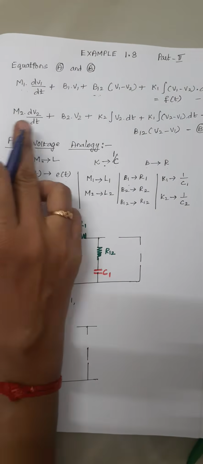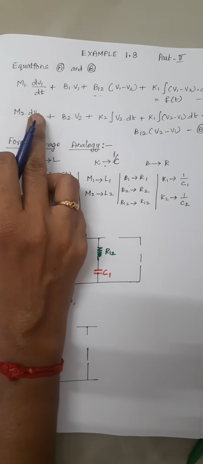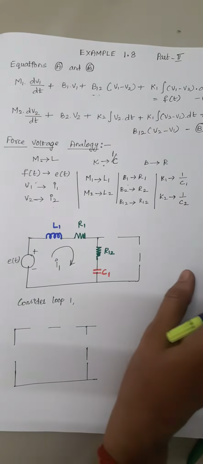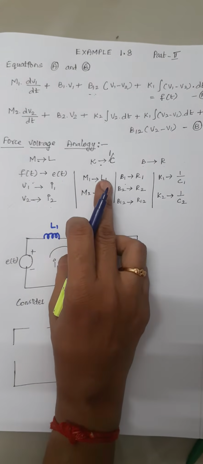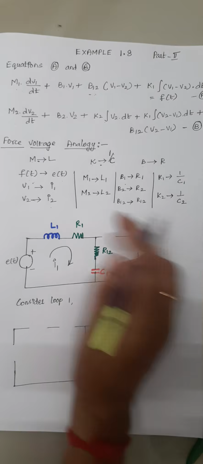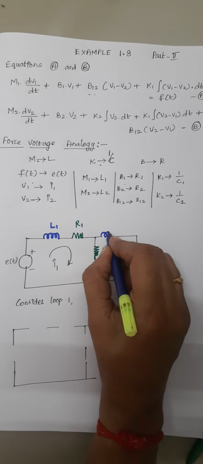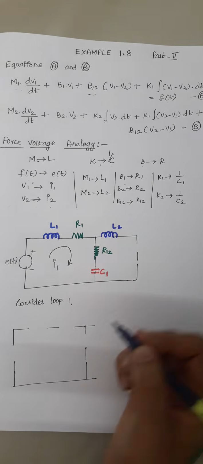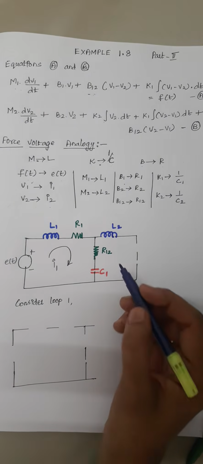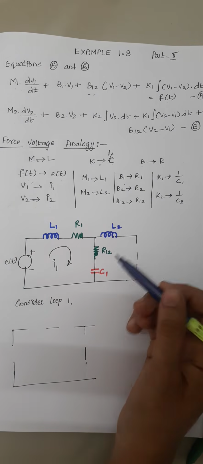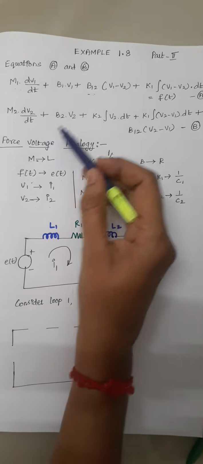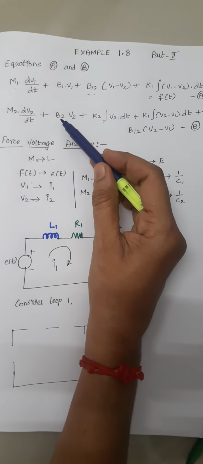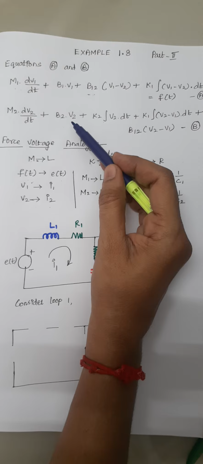This M2 is related with only V2, that is, with loop 2. So M2 is represented as L2 here. Just draw L2. This is your L2. And the next one is B2, and this B2 is related only with V2.